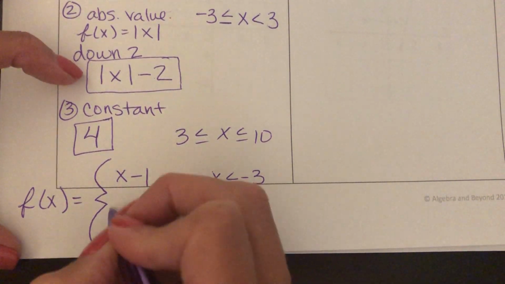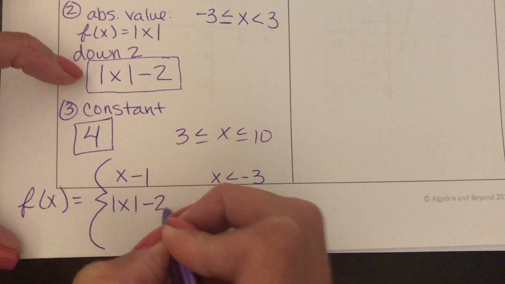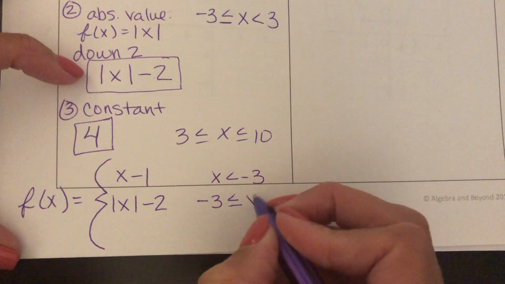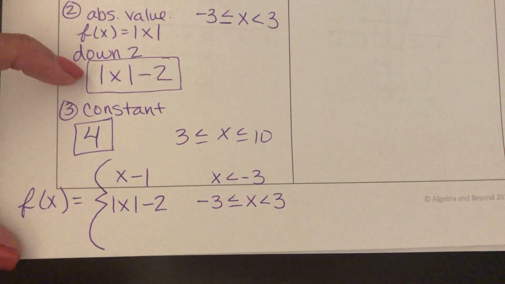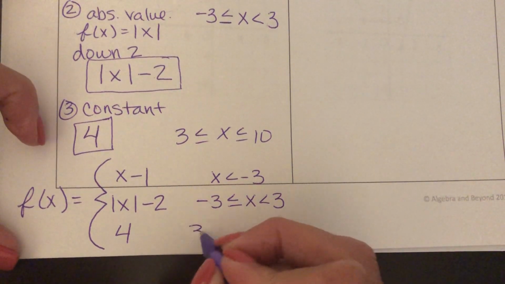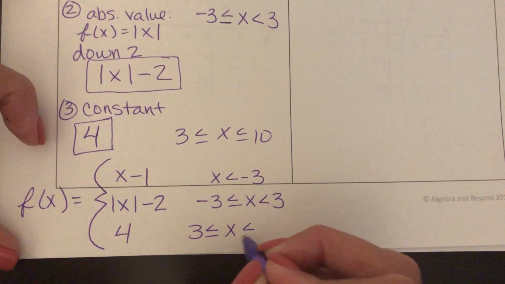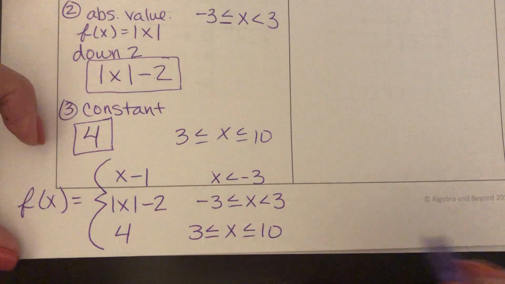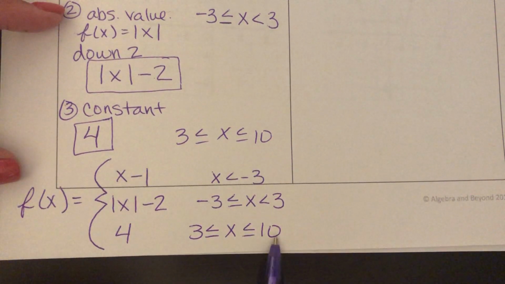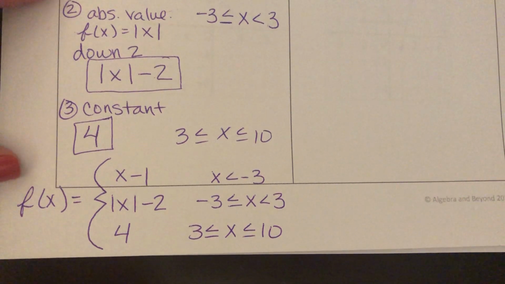My second equation was absolute value of x minus 2 with the domain negative 3 less than or equal to x less than 3. And my last one was a constant of 4. And then I'll put the domain for that one. So this is my function rule for this piecewise graph.